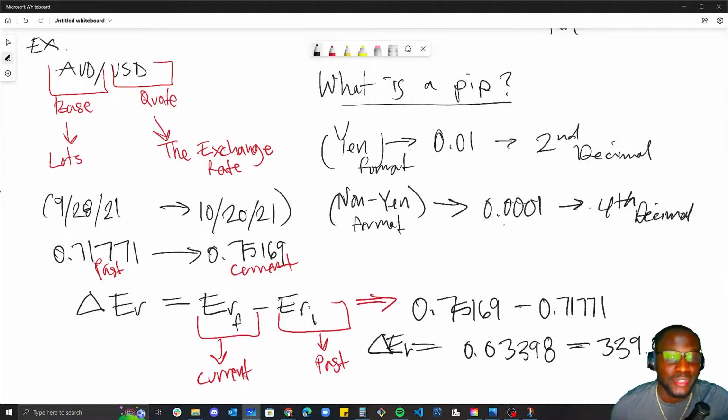it's adding and subtracting, and I like to also add that the sign of the difference is going to give you an indication of the direction.